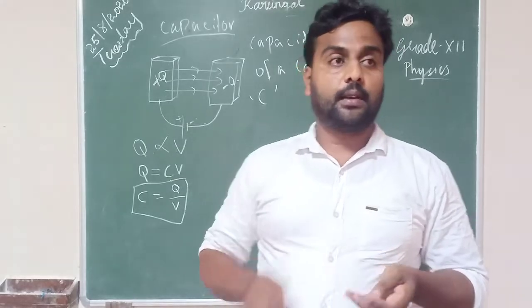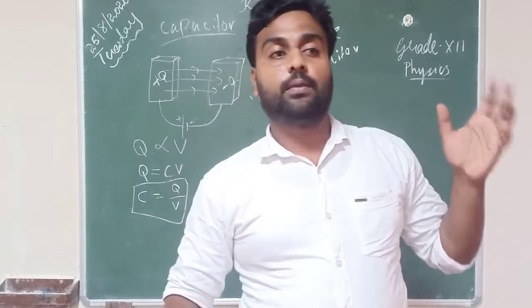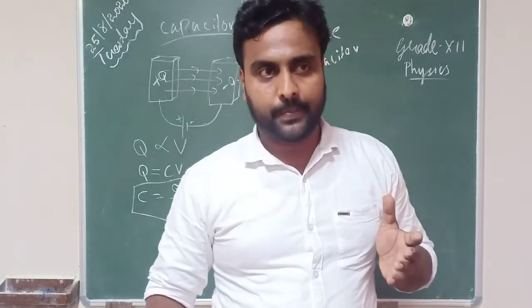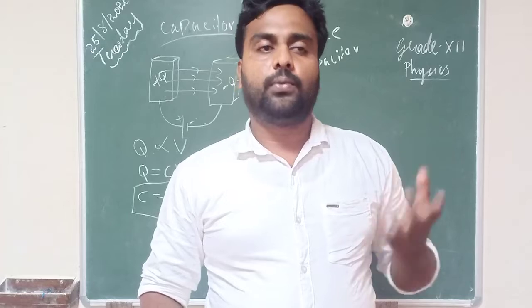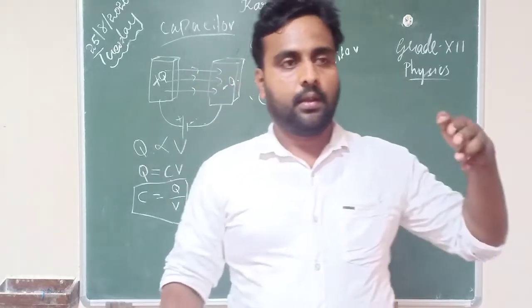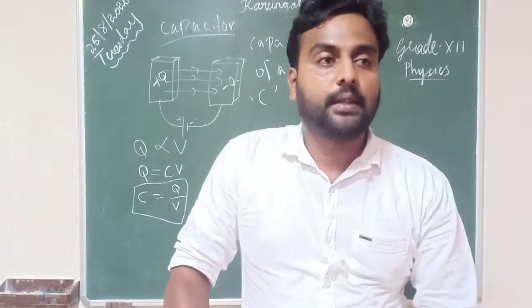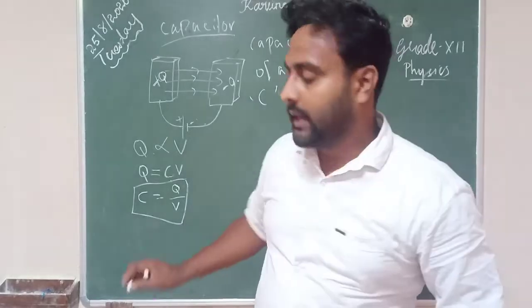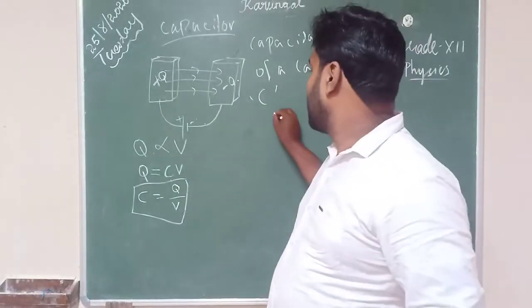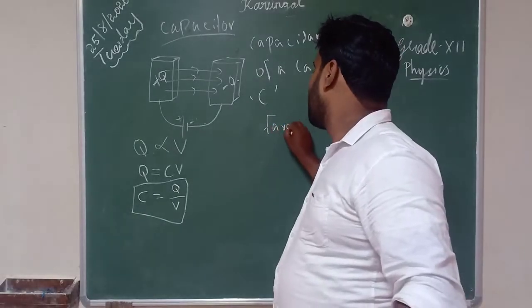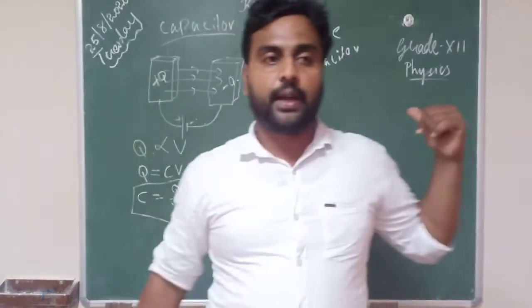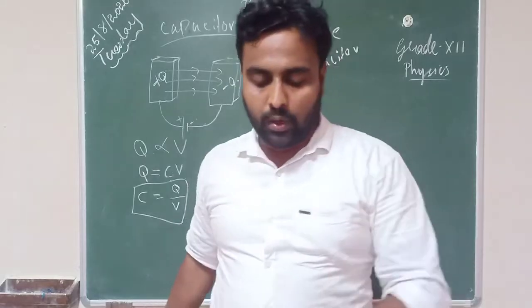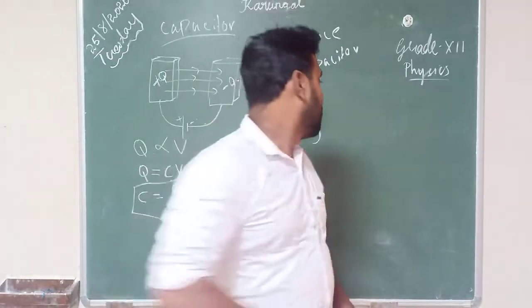This capacitor is the greatest invention of Sir Michael Faraday. In honor of Michael Faraday, the unit used for capacitance is Farad. You can use this unit Farad or you can use Coulomb per volt.